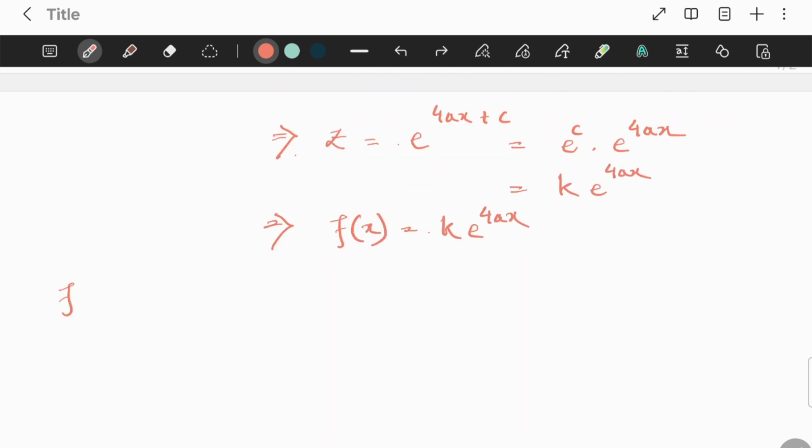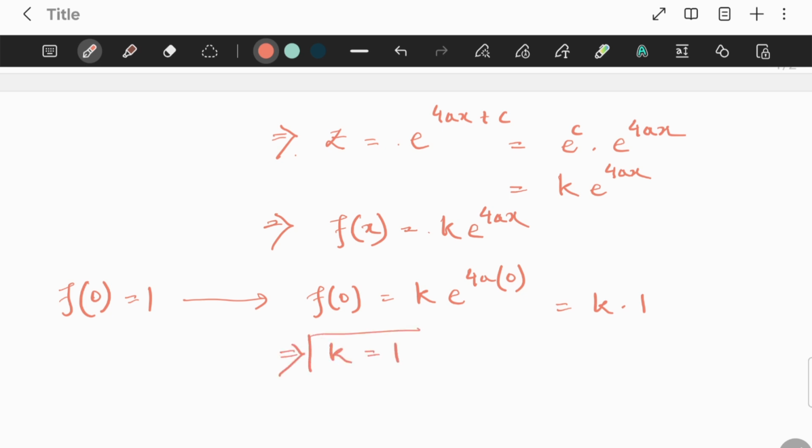And this also satisfies the fact that f(0) equals 1, which means from this function we can say that f(0) equals k e to the power 4a into 0, which is nothing but k into 1, that means k equals 1.